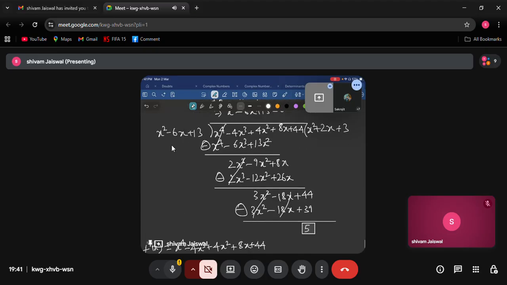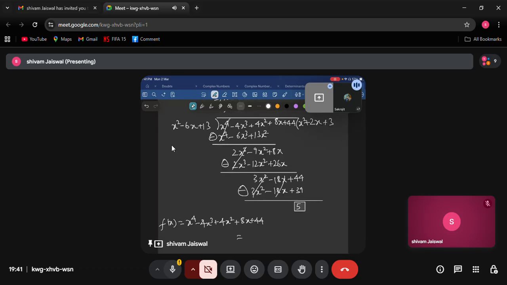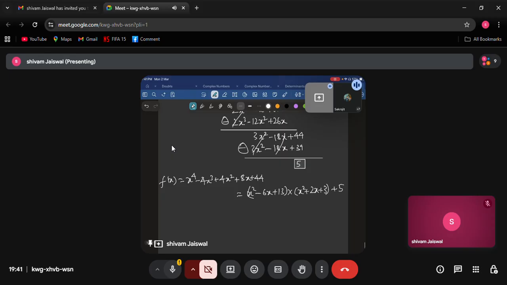So when you divide it, it can be written as divisor, x square minus 6x plus 13, into quotient, plus remainder, which is 5. So now when you substitute f of 3 plus 2 iota, you see that this whole expression becomes 0. Yes or no? Tell me, everyone. You see that this expression x square minus 6x plus 13 will become 0. So you're going to get 5 only.